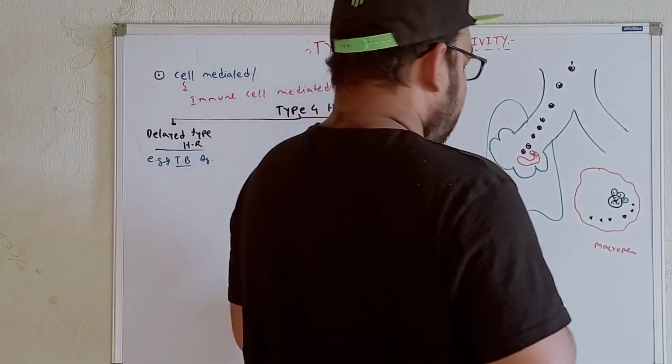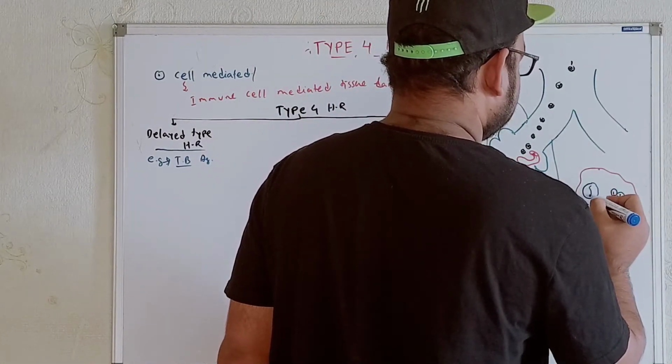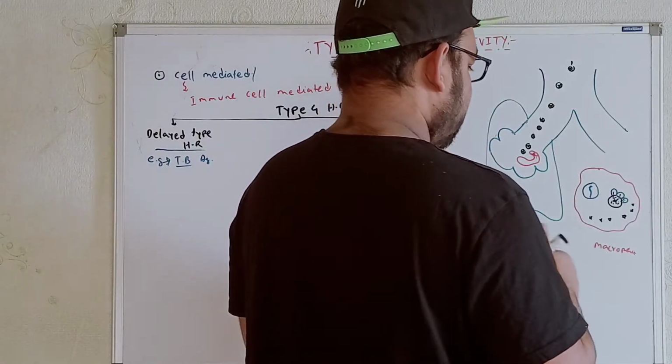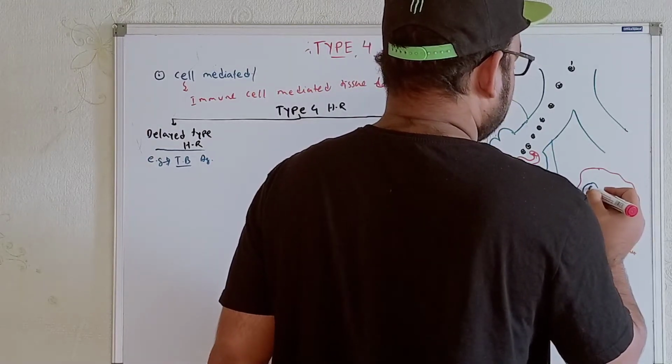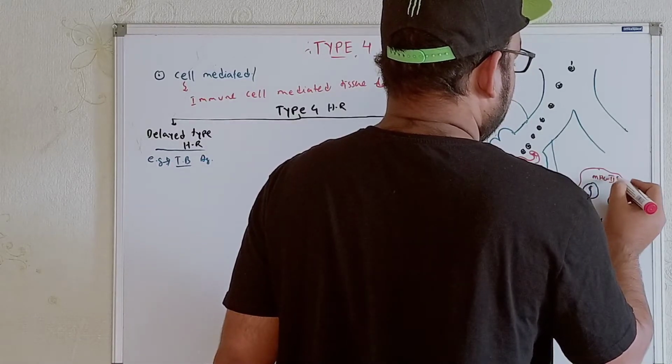Whenever these antigens are not destroyed, within chromosome number 6 there is a special kind of gene that is always producing MHC class 2 molecules. MHC class 2, the major histocompatibility complex, or HLA2, I am representing here as MHC class 2.